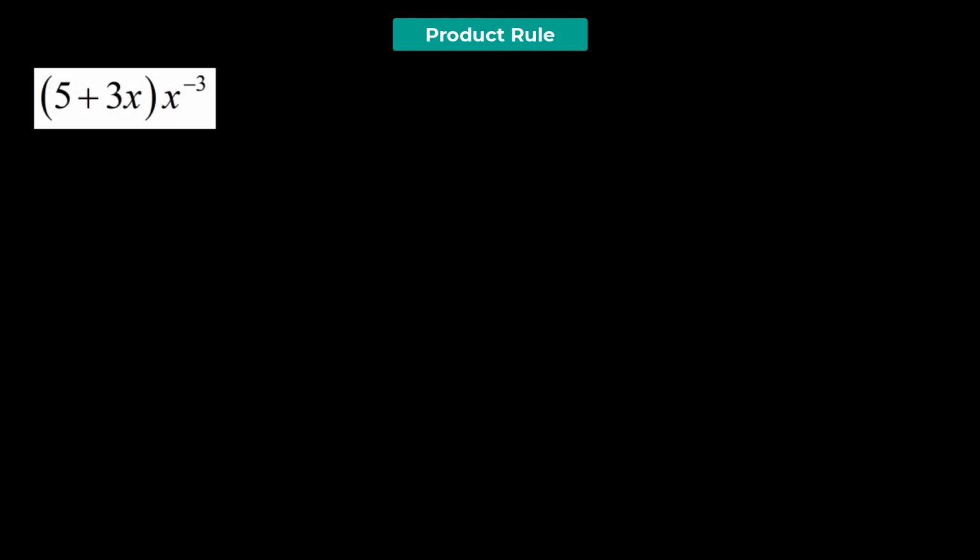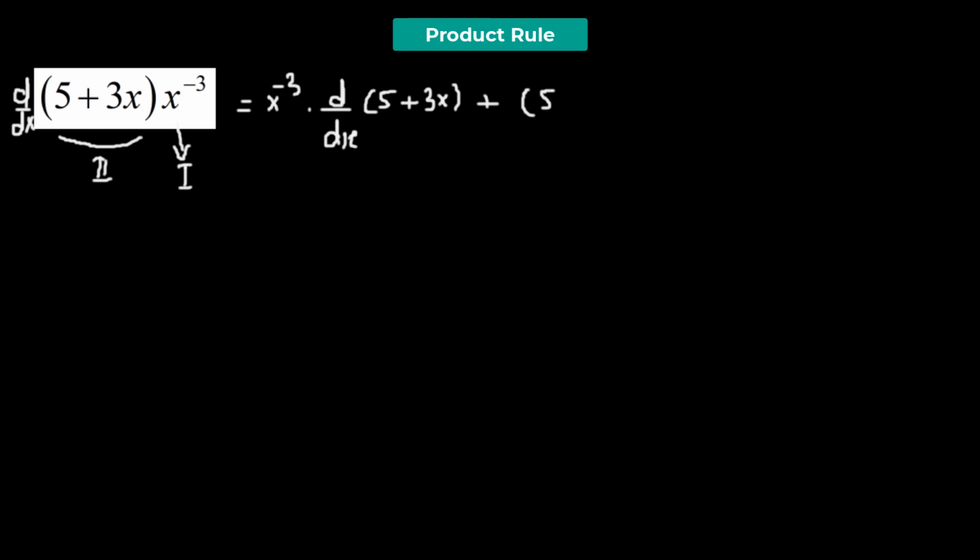So here we have 5 plus 3x multiplied to x raised to the power of negative 3. So let's consider x raised to the power of negative 3 as the first function and 5 plus 3x as the second function. So the derivative with respect to x will be the first function, which is x raised to the power of negative 3, multiplied to the derivative of 5 plus 3x, plus the second function, which is 5 plus 3x, multiplied to the derivative of x raised to the power of negative 3.